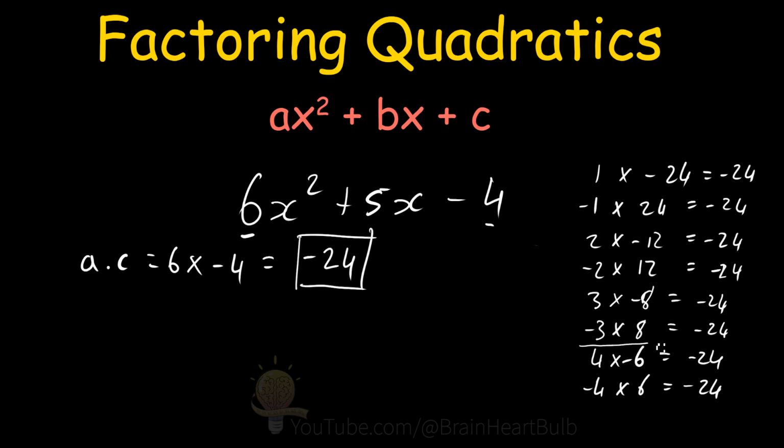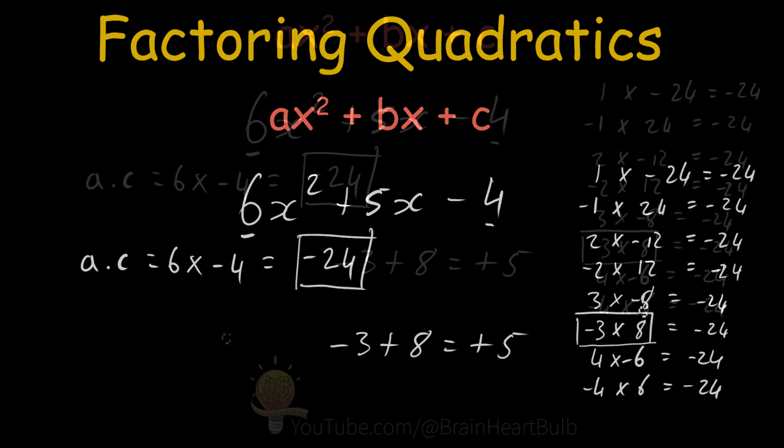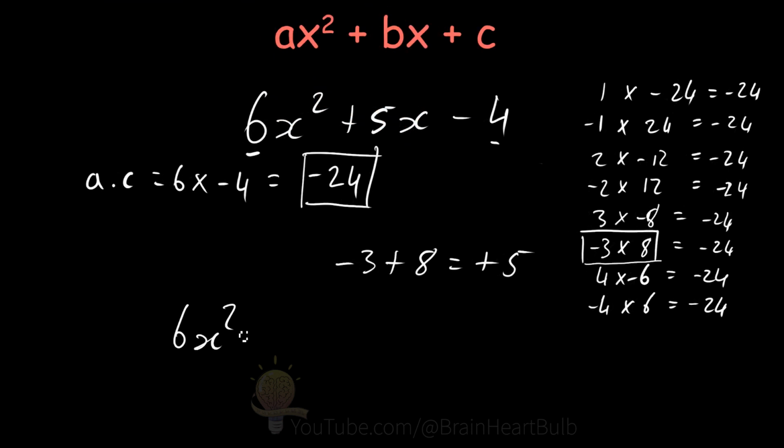Minus 3 plus 8 is equal to positive 5. So we're going to use these two factors in the next part of our process. 6x squared minus 3x plus 8x minus 4.